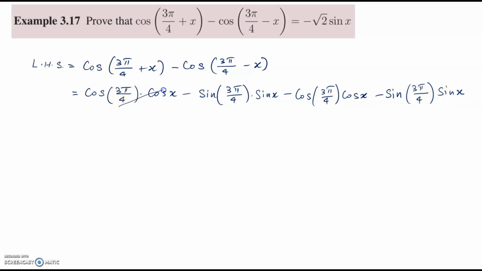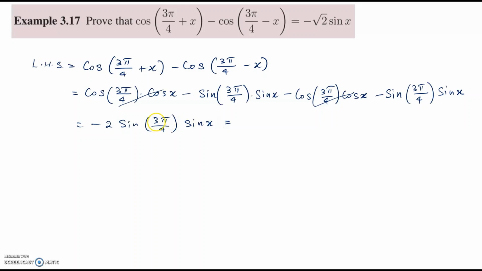These two terms are the same, so we can cancel them as they are plus and minus. So you're left with minus 2 times this term. So that's equal to minus 2 times sine 3 pi by 4 into sine x.